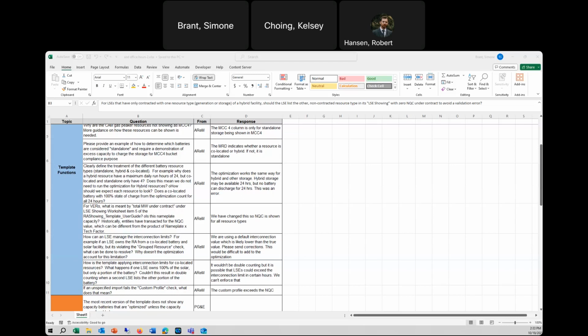If you're running an optimization, it automatically looks at the default and custom profiles already defined based on the LSE showing, and fills in any hours where there's a deficit between the requirements and the shown capacities. So you can change those hours by adding capacity during an hour at which there's a deficit.